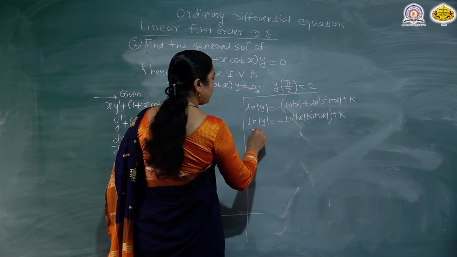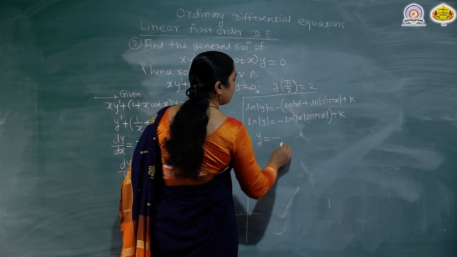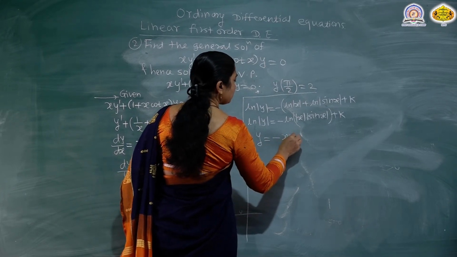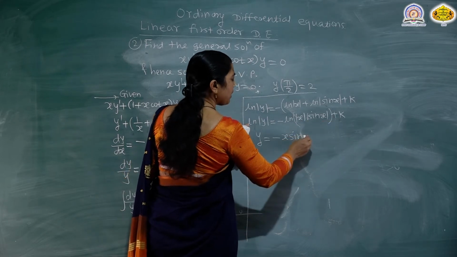We are able to write this simply as y is equal to minus x sin x. See, this becomes e raised to k.